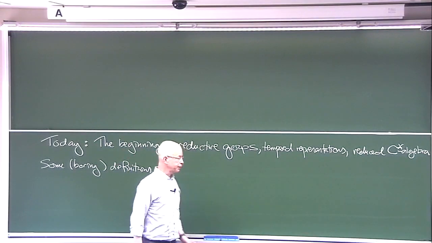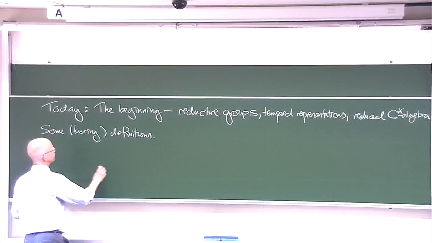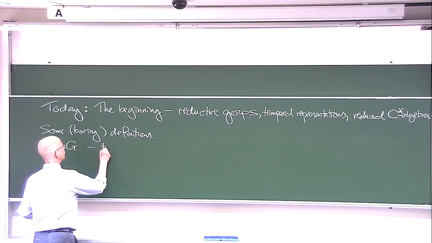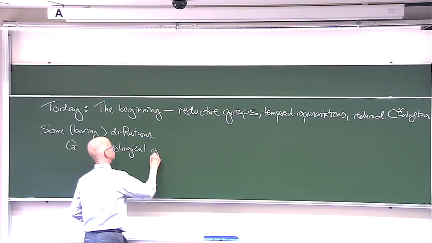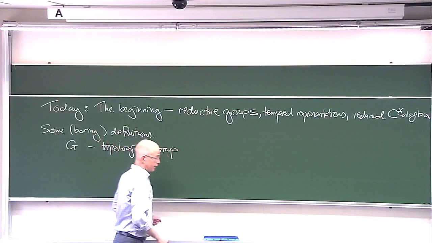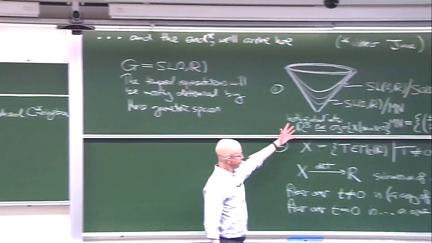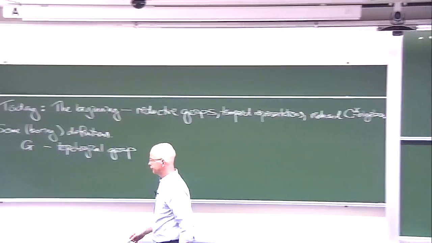And then hopefully we'll get more interesting in a little while. Eventually, I want to consider specific groups which have some interesting geometry like these ones here. But to begin with, suppose G is just any topological group.